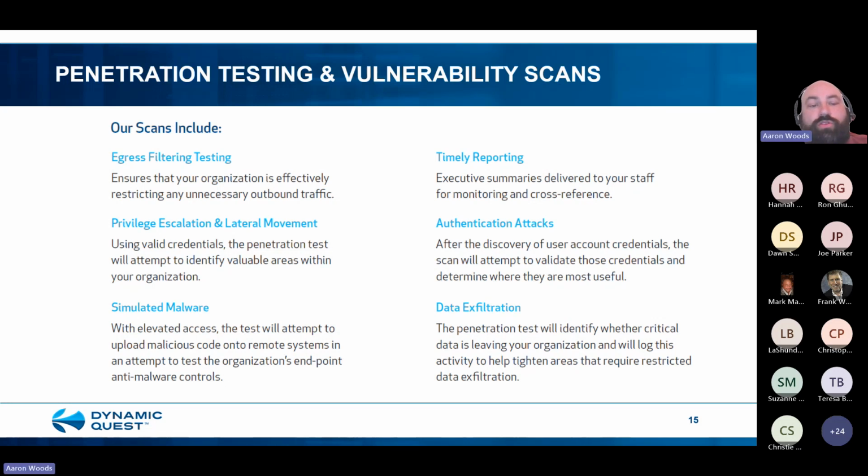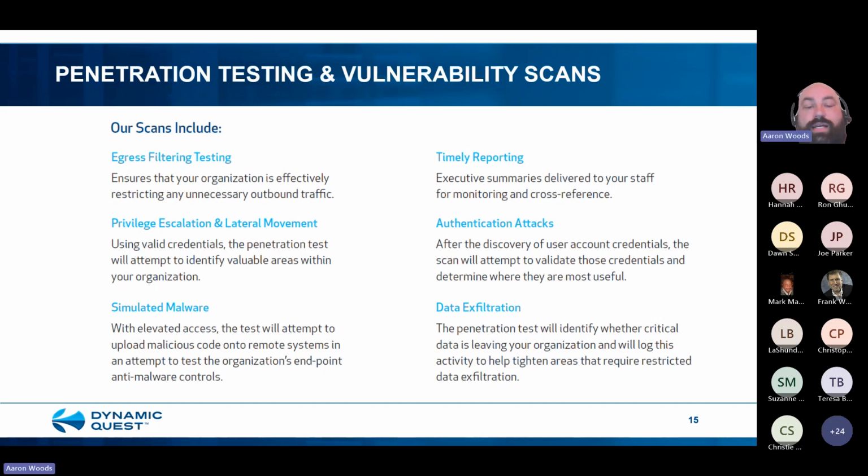Privilege escalation and lateral movement. Again, if we can find passwords or brute force attempts and actually break hashes in the organization, we will then try to take those hashes, turn them into clear text passwords, and use those passwords to see if we can take a normal account and escalate the privilege to make it an administrator on the network. Simulated malware.